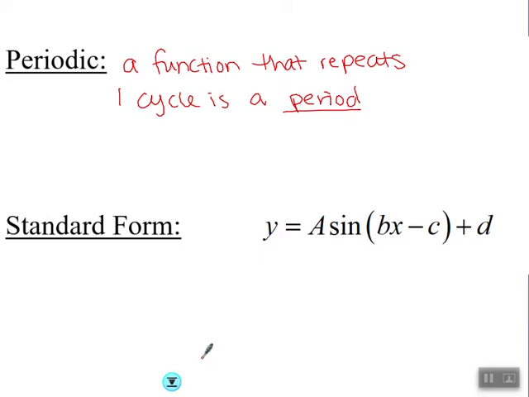The period for the sine and cosine functions are both 2 pi. This means that every 2 pi radians, the graph or the function begins to repeat.